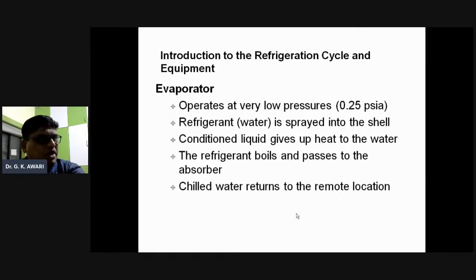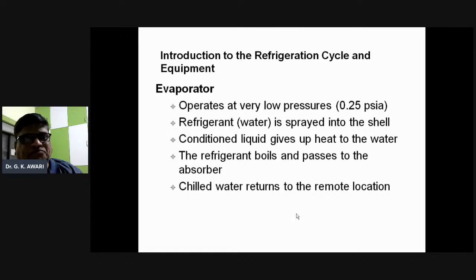So the evaporator part of the refrigerator is connected with the cooling space. For example, in an air conditioning system, the evaporator will be inside the room, and the condenser will be outside of the room. So this is the normal question: what is the position of the evaporator?